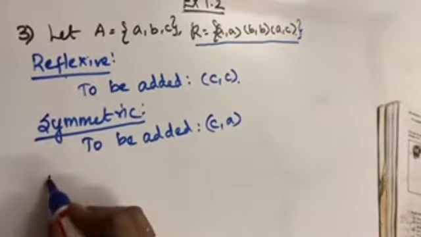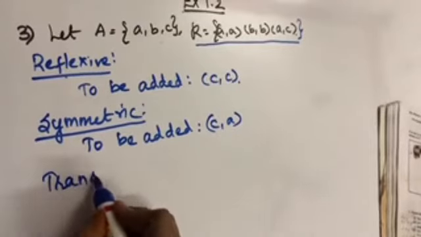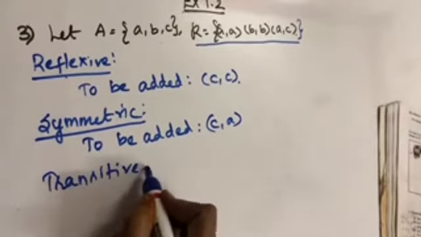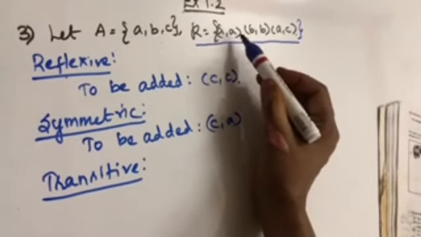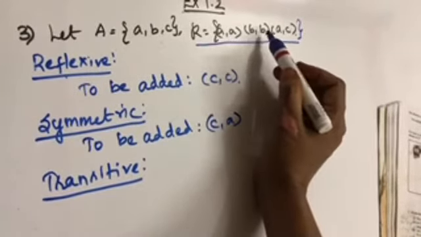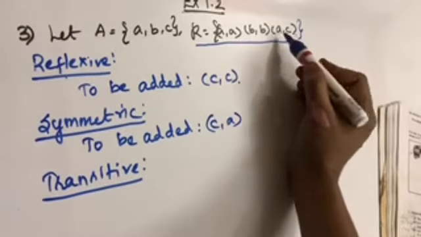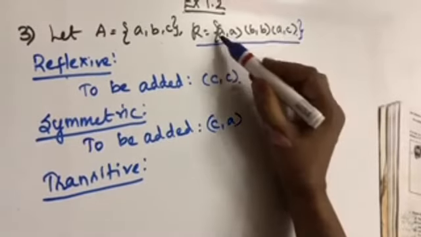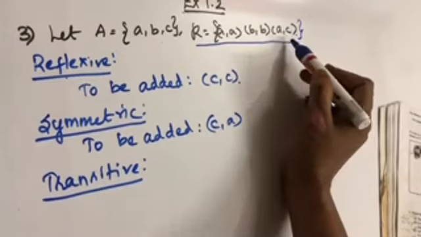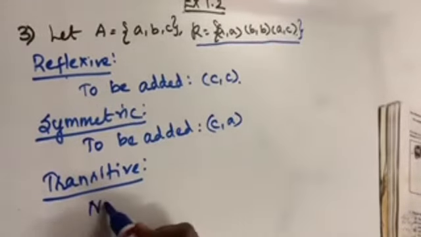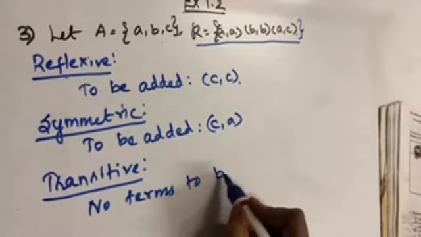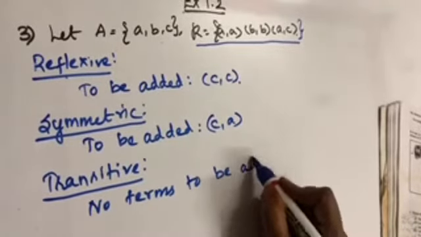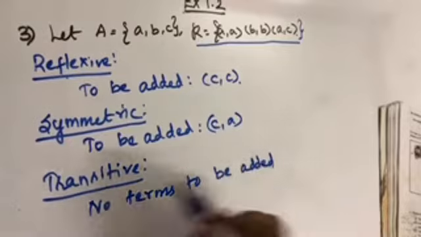Now, transitive. The first is A to A, so it is transitive. B to B, again B to B. Similarly, A to C, here A to A and A to C. So no terms need to be added to make the condition transitive because it is already transitive.